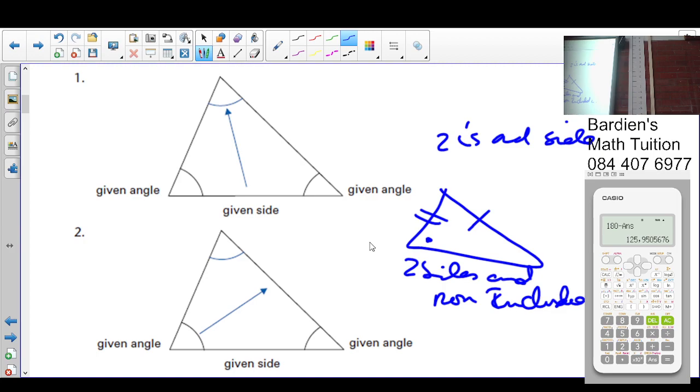So when do we use the sine rule? We have two angles and a side, or we have two sides and a non-included angle. That means it must not be the angle between the two sides, because if you've got two sides and the angle between them, it's the cos rule, which is next lesson. Okay.